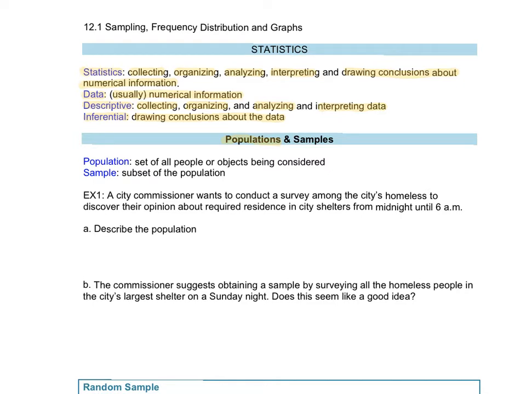So what we do is we collect a sample of our population, and that's what we're going to base our information on. A population is a set of all people, or it could be objects, that are being considered. A sample is just a subset of our population.